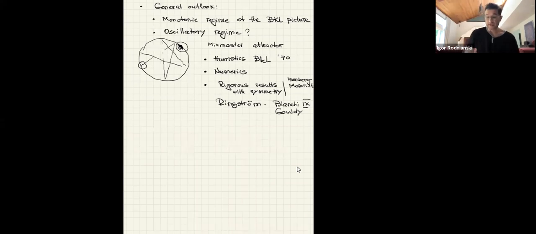However, like I said, BKL made this prediction based on function counting, and concluded on the basis of that, that this is a picture that should be experienced by a generic solution, whatever generic means in this case.